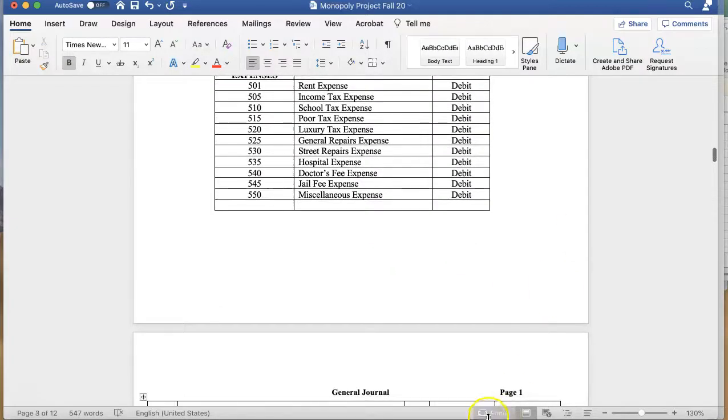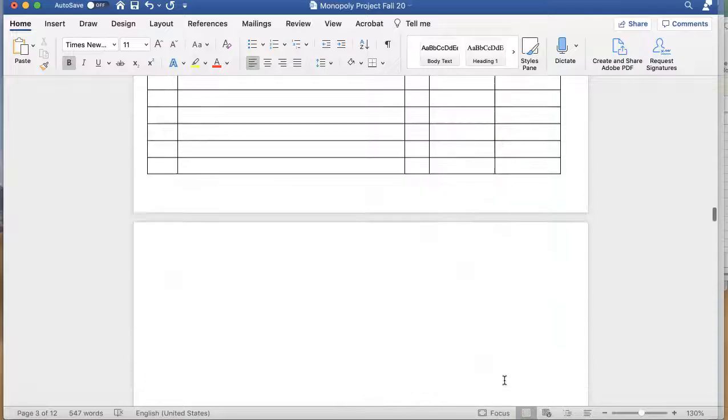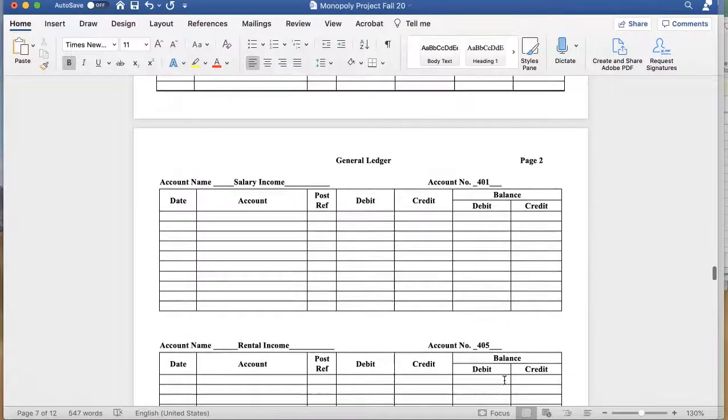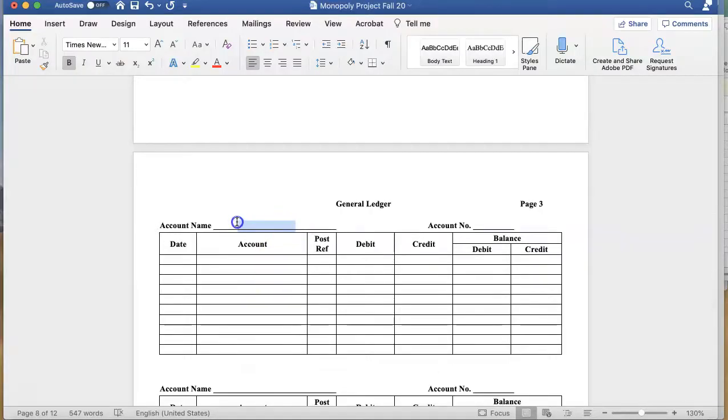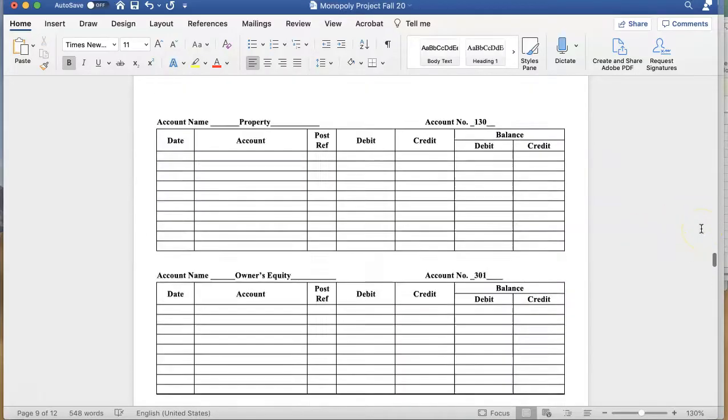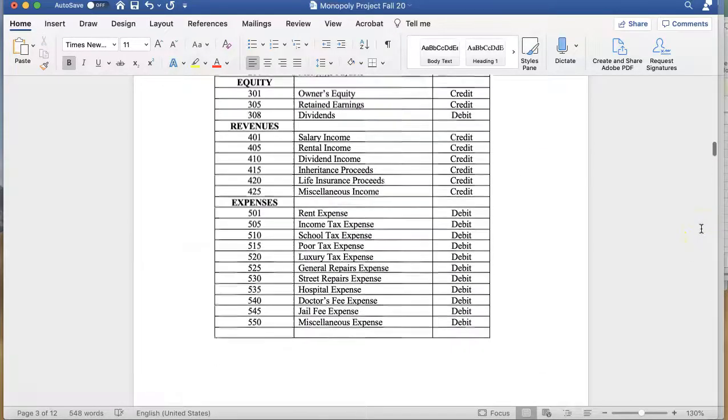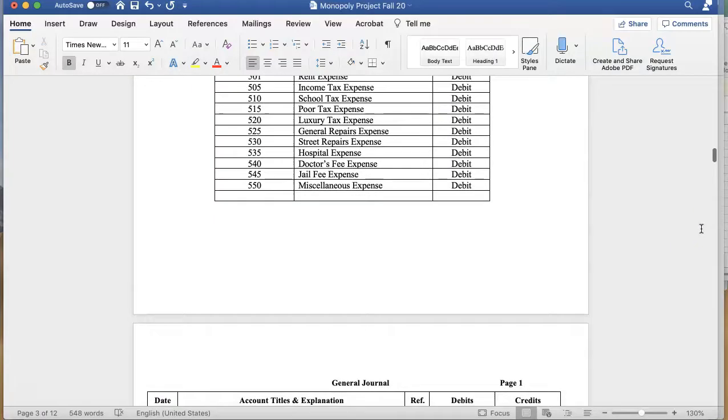We have rent expense, which is 501. I believe we pay income tax expense, which is 505.